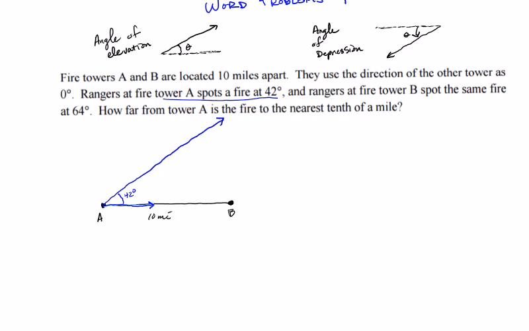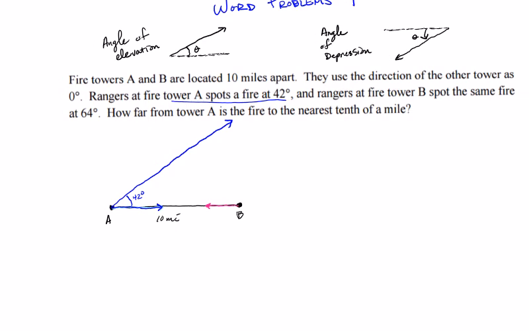So in fire tower A, they spot that fire at a 42 degree angle, but 0 is that tower over here. Same thing if I'm looking from B, it says they use the other tower at 0 degrees, so kind of weird, but apparently that's 0 degrees. And then it says they spot the same fire at 64 degrees.